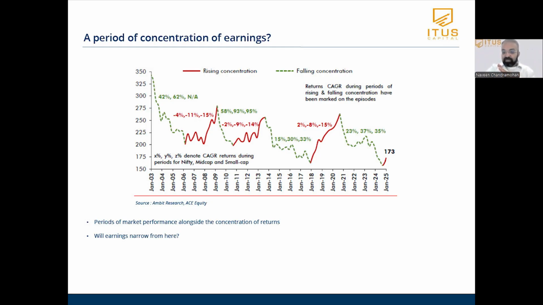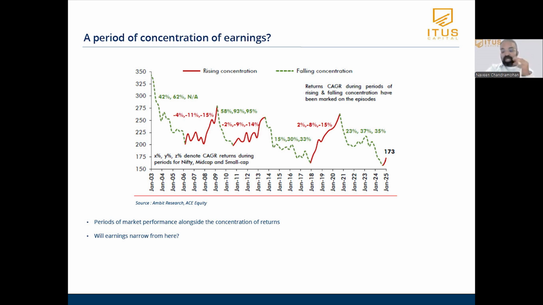So for example, between 18 and 20, this was a period where mid-cap index gave you a negative 8% IRR, small-cap index gave you a negative 15% IRR, and Nifty 50 gave you 2% IRR. But your best performing sector in those 2 years was the chemical index, which gave you as an index an 18% IRR. And chemical index was only mid and small caps.